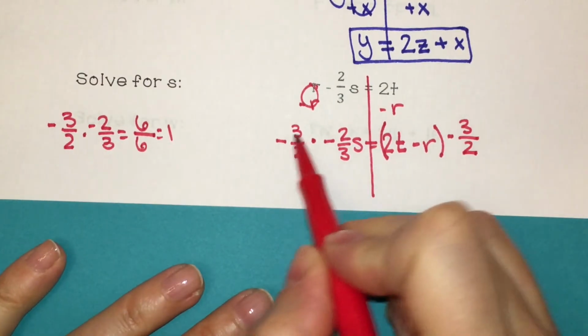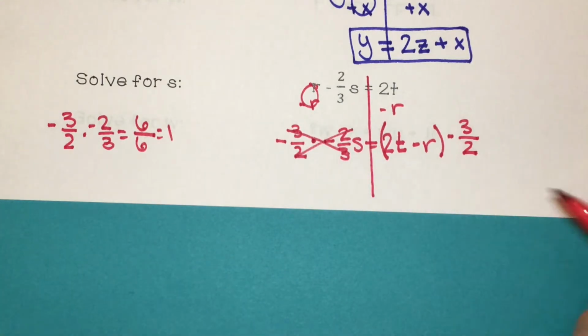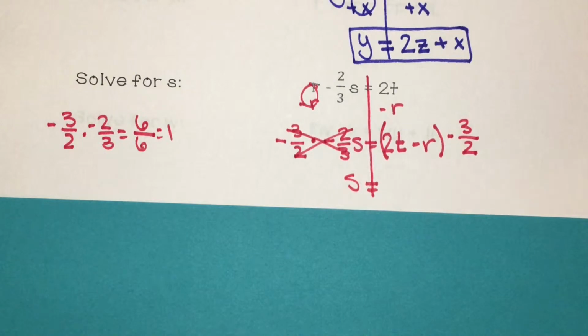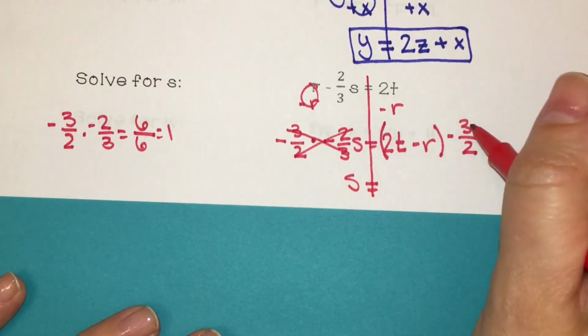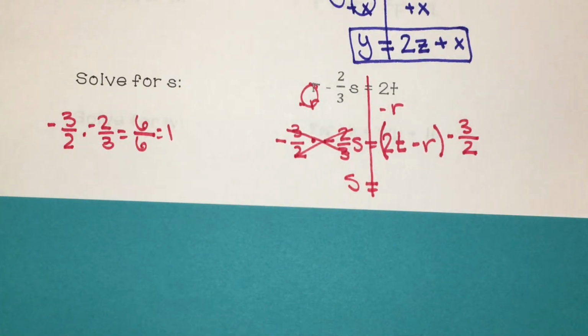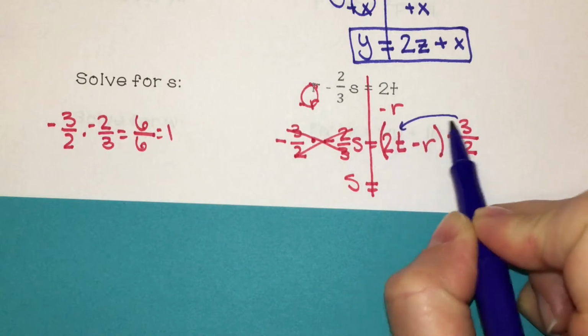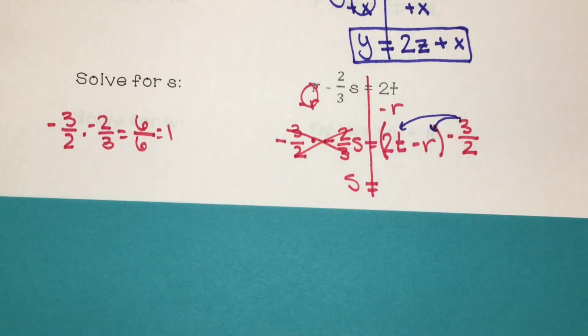So I'm left with, these cancel each other out, 1s, which is just s, equals. To simplify this, I would take that number, negative 2/3, that is multiplied by everything inside the parenthesis and distribute it, and that would be reducing it.